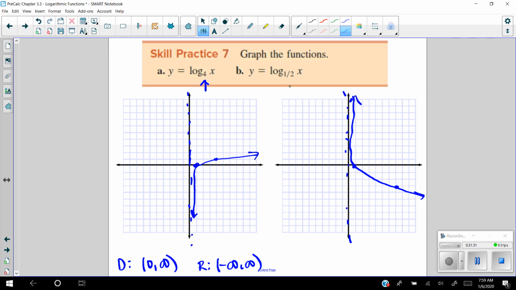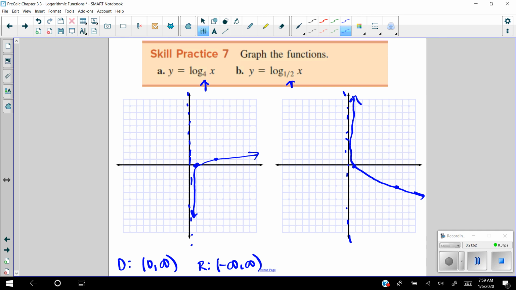And our base of what would be the exponential in B is 1/2, that would be a decay function. So it would follow that for logarithmic graphs, a base 4 would appear to grow, increase, and a base 1/2 would make the logarithm decrease, because 1/2 is less than 1.